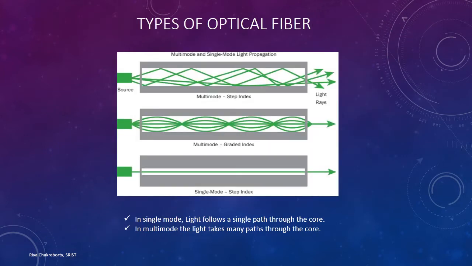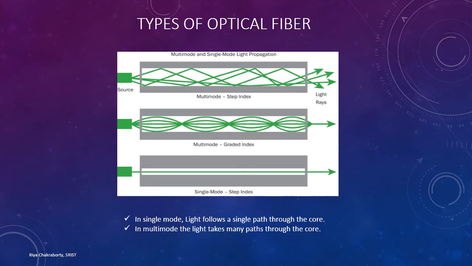Now, types of optical fiber. There are two types, single mode and multi-mode. In single mode, light follows a single path through the core, and in multi-mode, the light takes many paths through the core. Each type of fiber optic cable is classified by one of these methods of rating the mode.